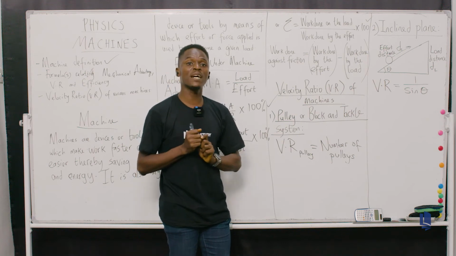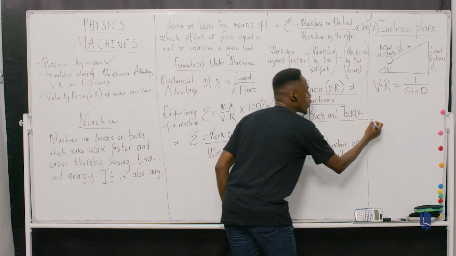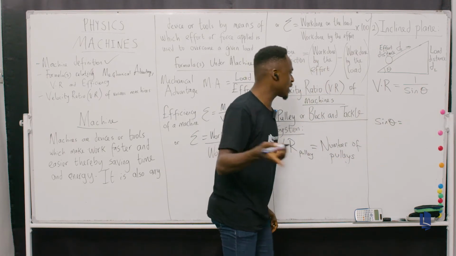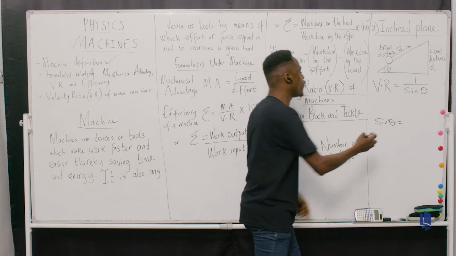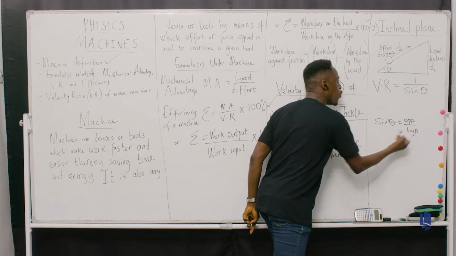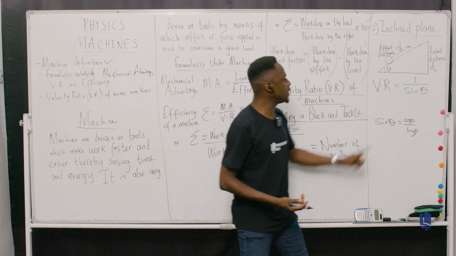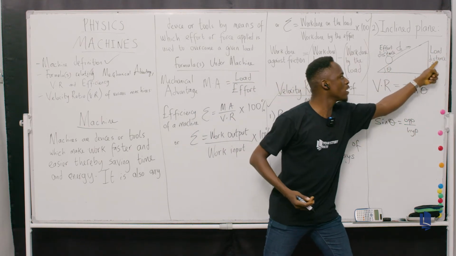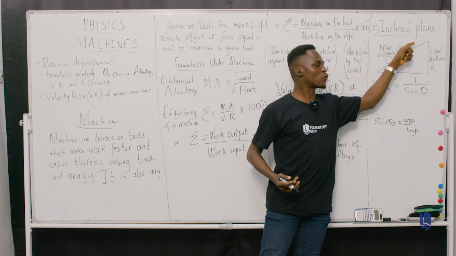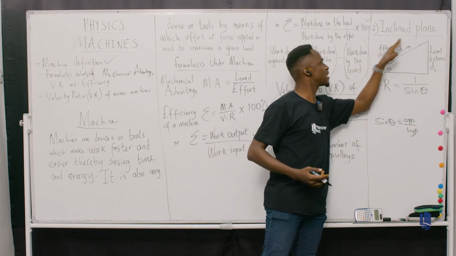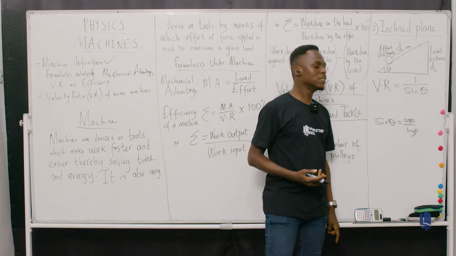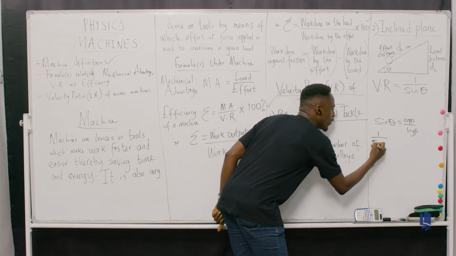But wake up. 1 over sine theta. We know in mathematics already that anytime we are talking about sine theta, based on SOHCAHTOA, sine theta is opposite over hypotenuse. Meaning the side facing the angle over the hypotenuse side. So this vertical side and this slant side are what we use as opposite over hypotenuse.